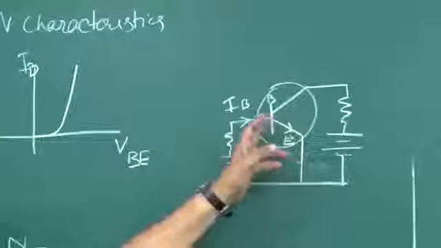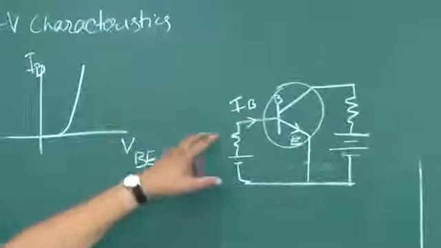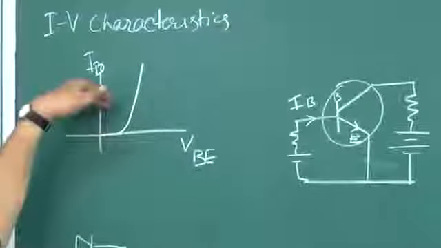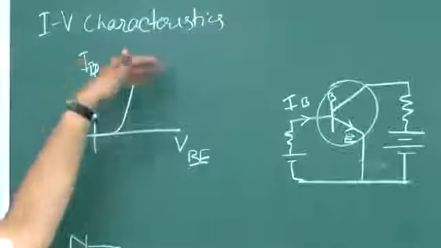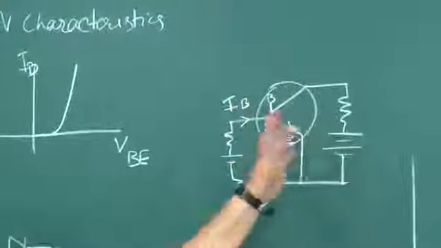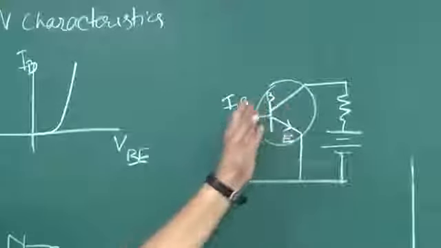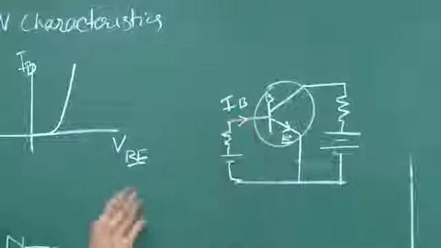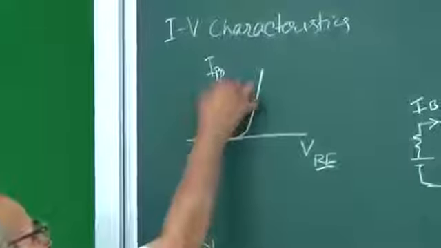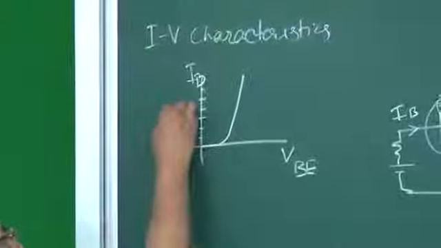If this collector was not there, perhaps this would have been in milliamperes. But since the collector is there and it is drawing a large fraction of electrons on that side, this current will be reduced. So the scale here can still be in microamperes.